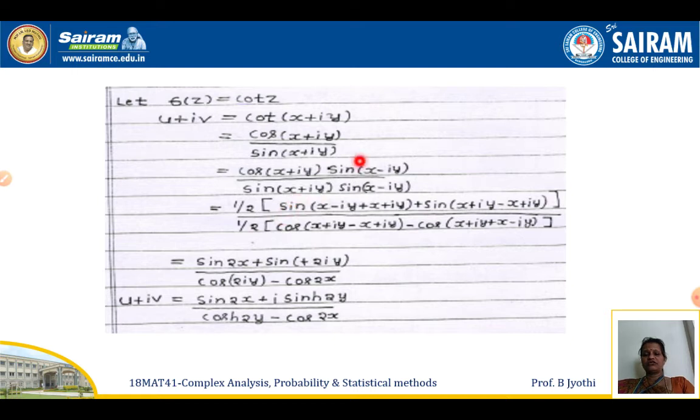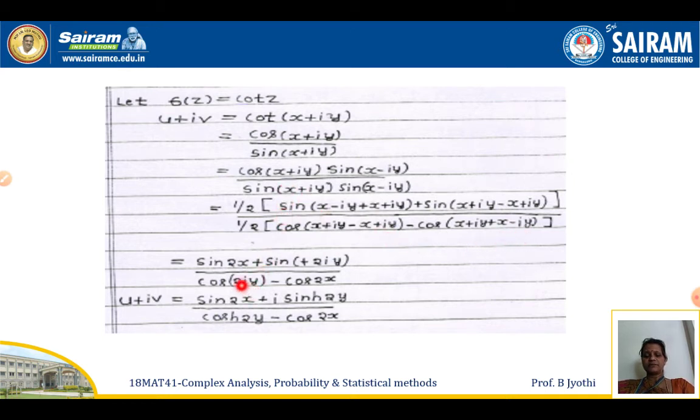On multiplication of its conjugate and simplification, that is sin of x minus iy and sin of x minus iy, and we will be getting this part, that is sin of x minus iy plus x plus iy plus sin of x plus iy minus x plus iy divided by cos of x plus iy minus sin x plus iy minus cos of x plus iy minus x minus iy, that is by using cos a sin b, sin a sin b.